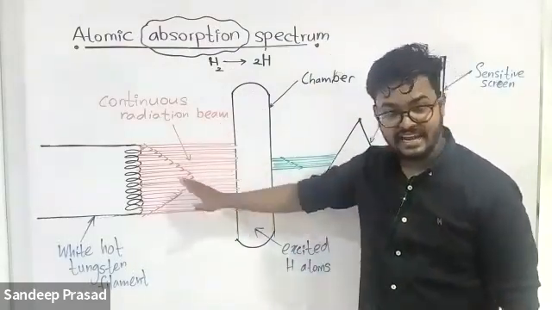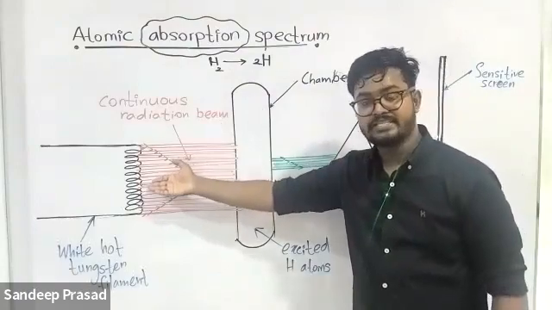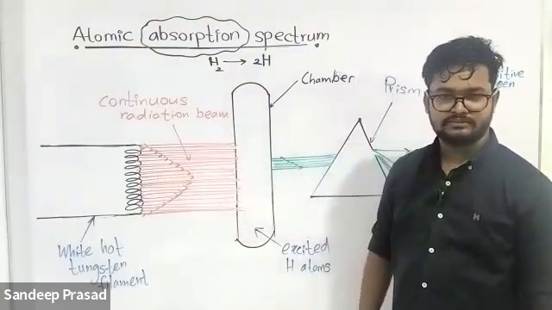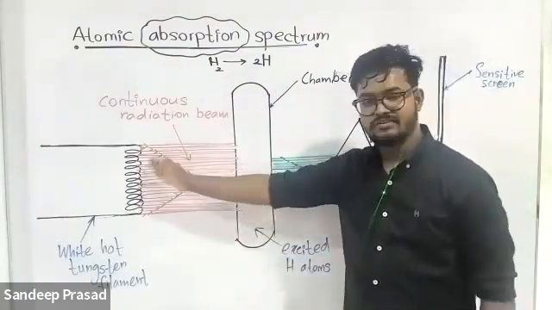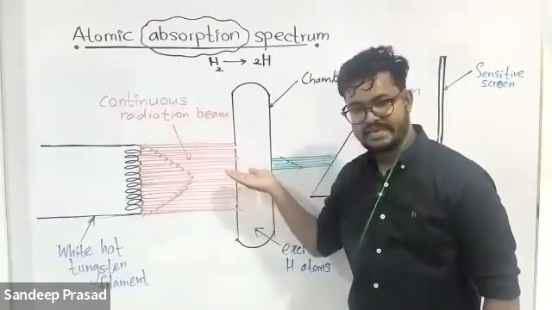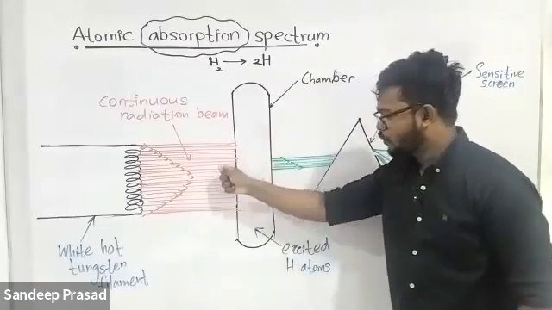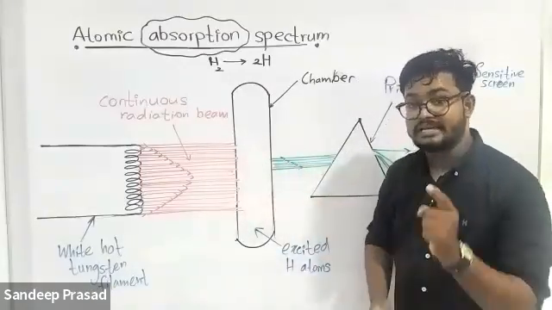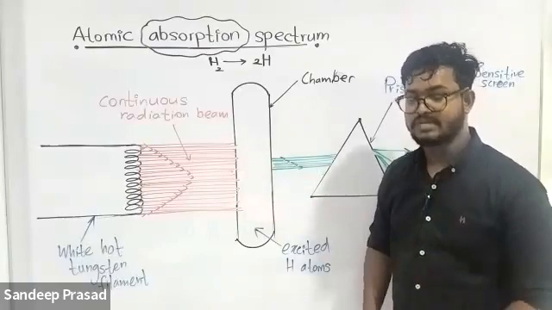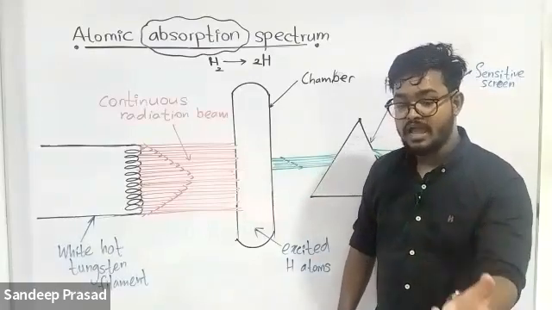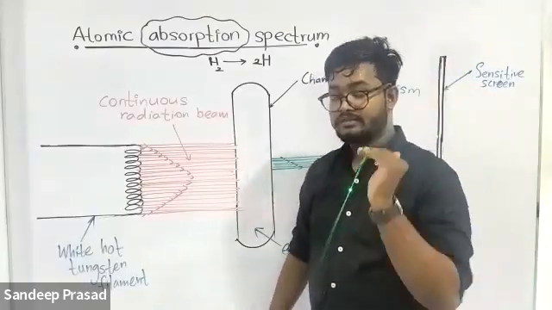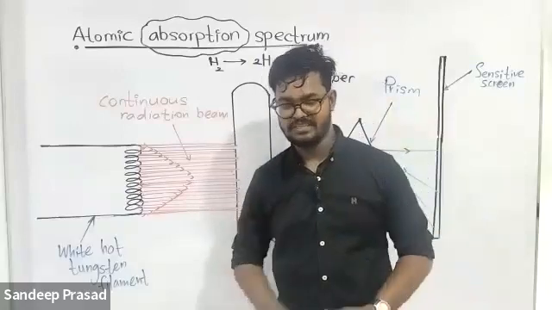Absorbing the energy radiations emitted by this white hot tungsten filament. This filament is releasing energy as light. Now that energy goes through this chamber, and inside the chamber we have hydrogen atoms. These hydrogen atoms are absorbing the energy.